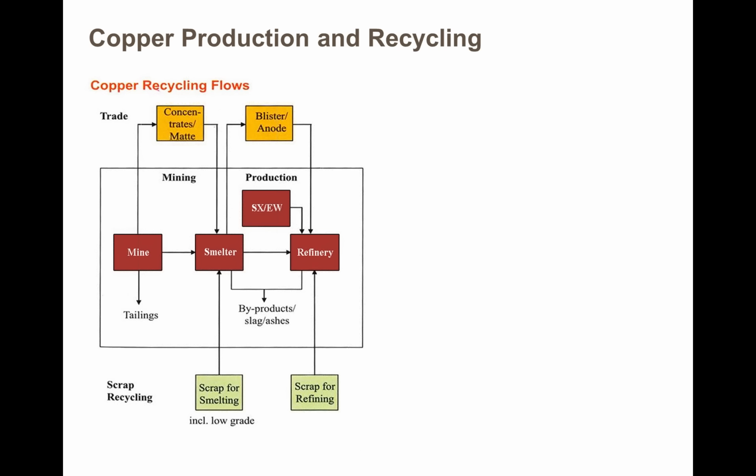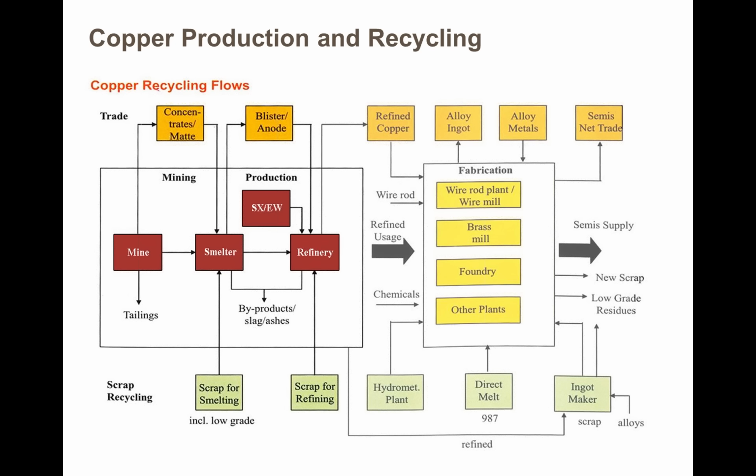Anytime you see smelter, you're taking sulfur out. Then it goes further into processing where it can go through solvent extraction, that's SX, and you end up with a pure copper or refined copper.